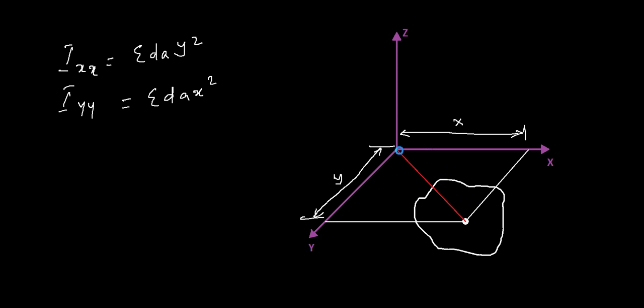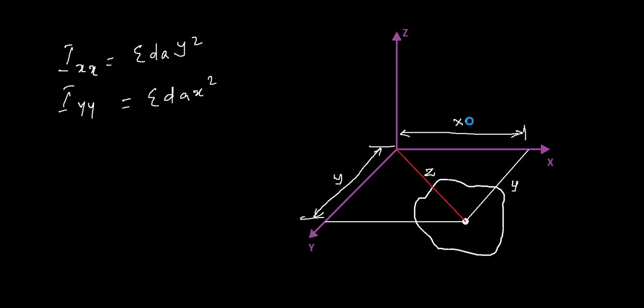Now if you look at this figure, you can see this line here is the distance between the centroid of this area to the z-axis, and again, as you can see, this is a right triangle, where you have one distance x and the other y. So let's call this z.